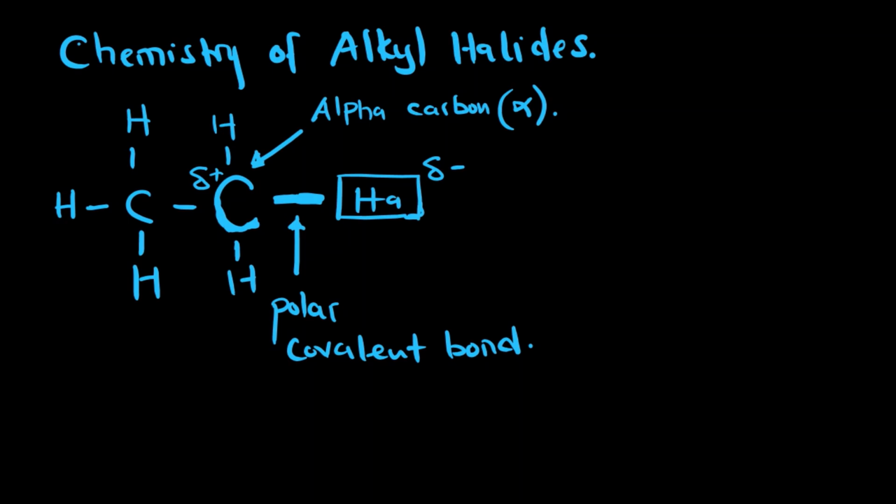So this positive center, the alpha carbon, is going to attract species that are negatively charged and have a lone pair of electrons. Because the alpha carbon is positively charged, it is referred to as an electrophilic center. So it is an electrophile.